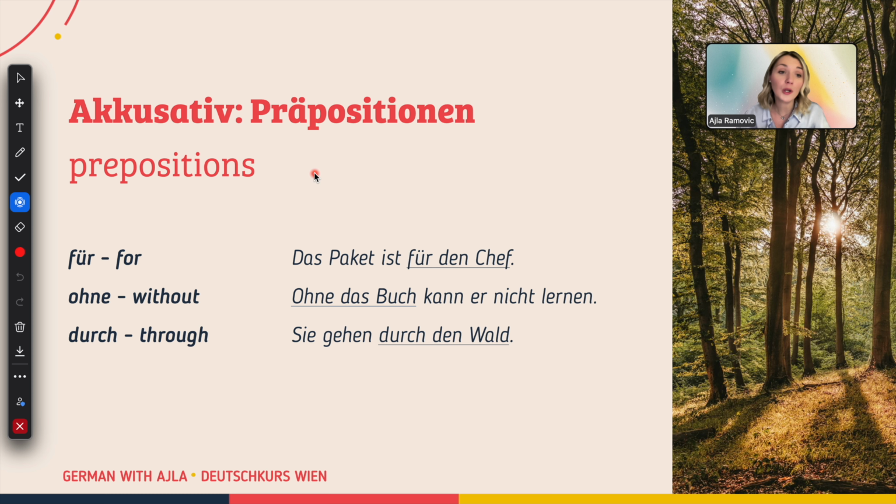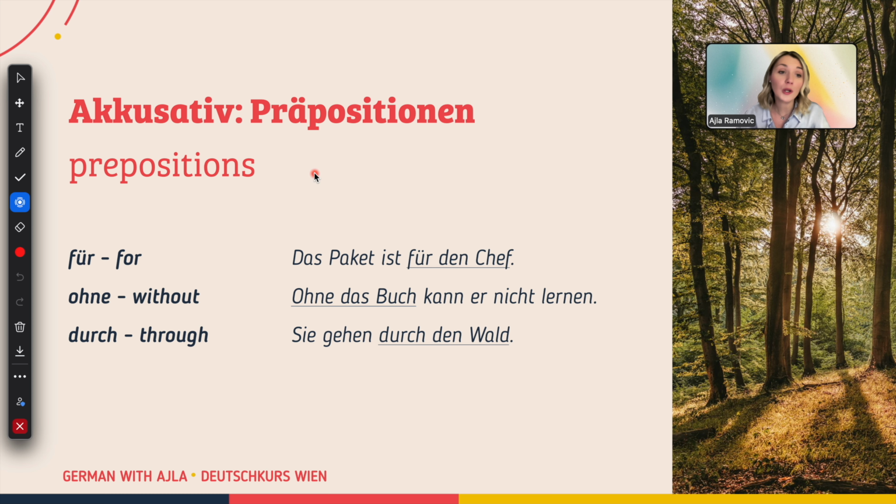Here, after für, we are actually using a noun in accusative. Why? Because this is just how für is always used. Für in German demands a noun in accusative right after the preposition. This is actually a masculine noun. A change is happening to accusative to den Chef.